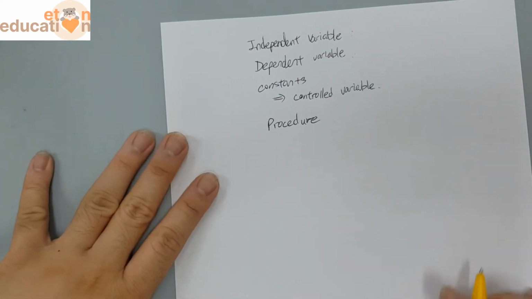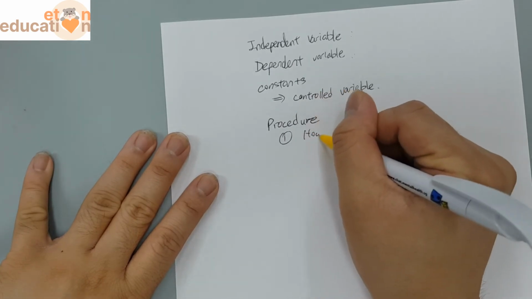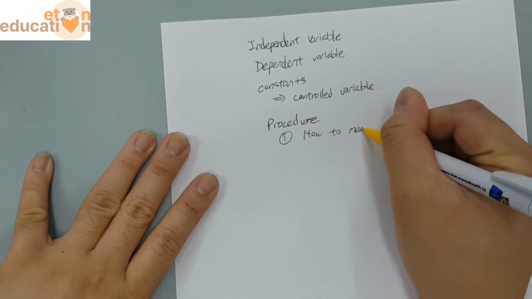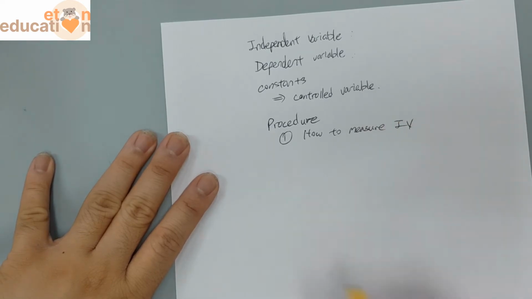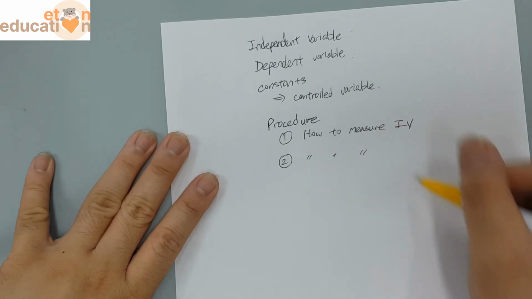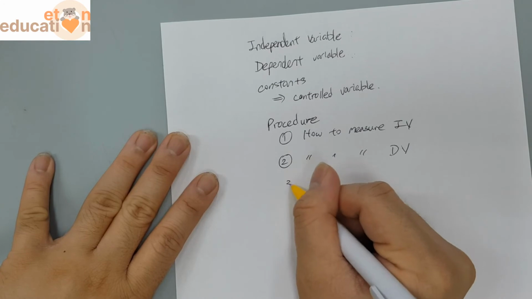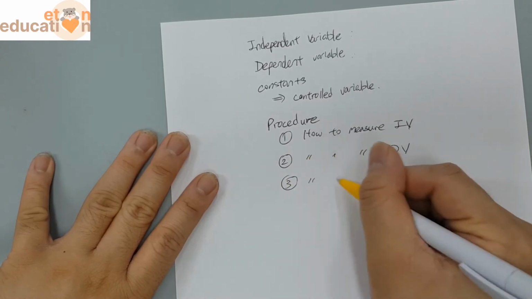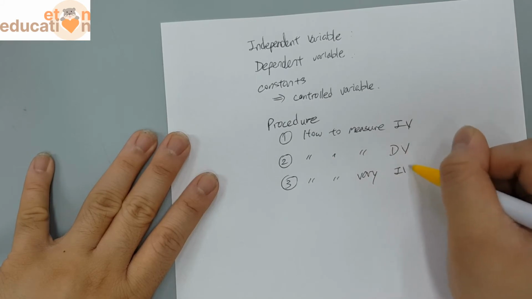Number 1, how to measure your independent variable. Number 2, how to measure your dependent variable. And number 3, how to vary the independent variable.